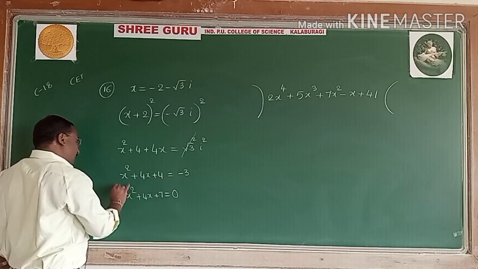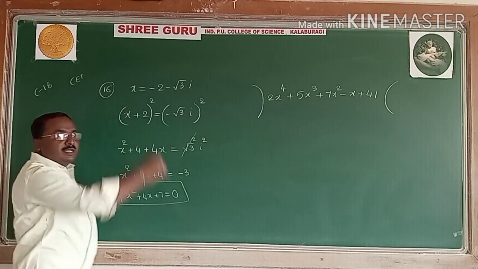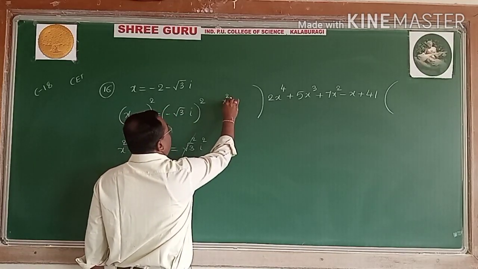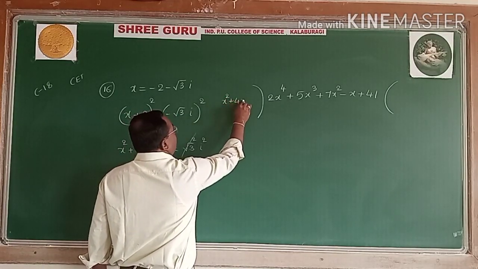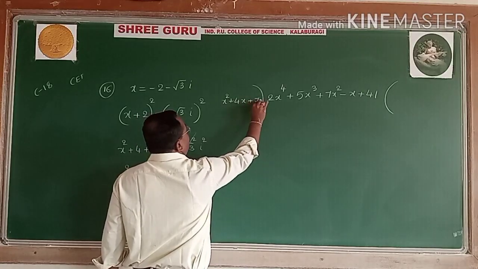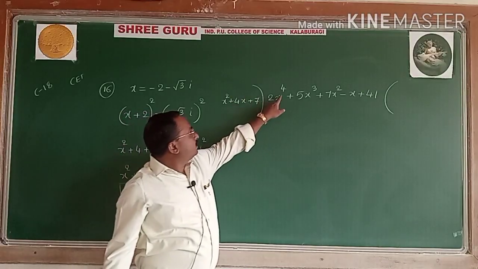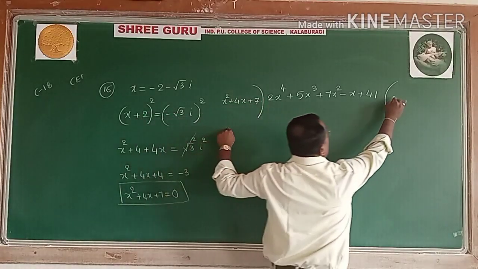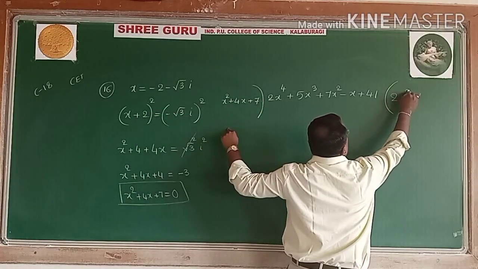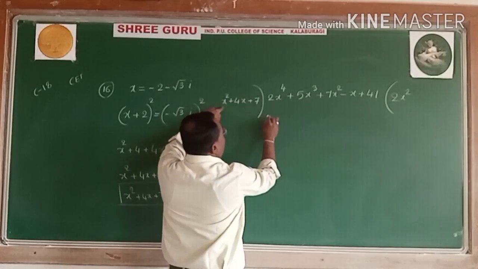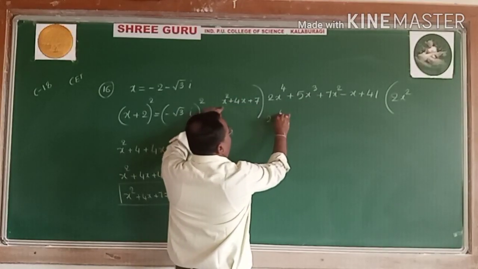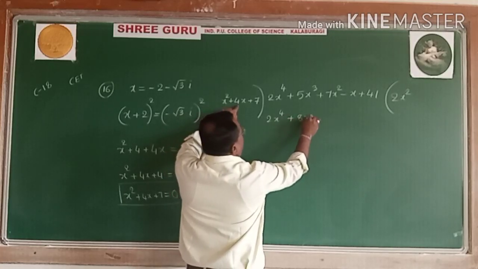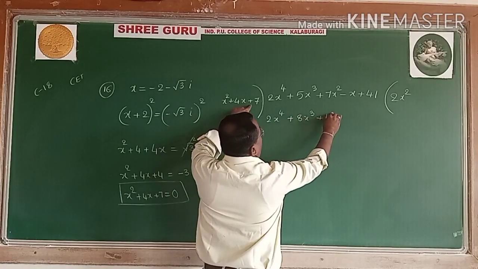This is a factor. Divide by x square plus 4x plus 7 into 2x to the power 4. x to the power 4 divided by x square gives 2x square. 2x square times x square is 2x to the power 4. 2x square times 4x is 8x cube, and 2 into 7 is 14x square.